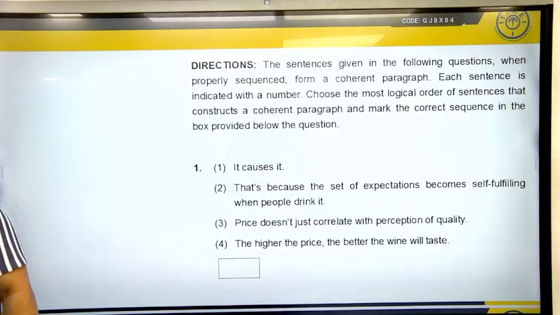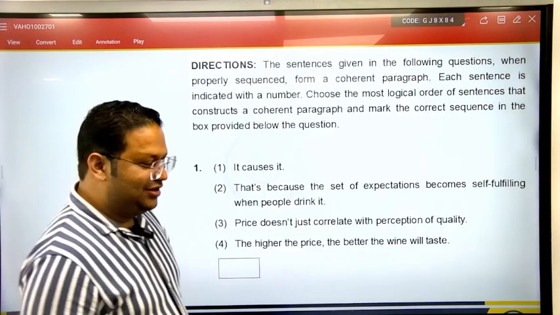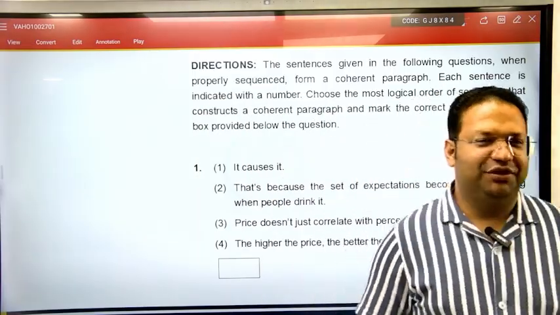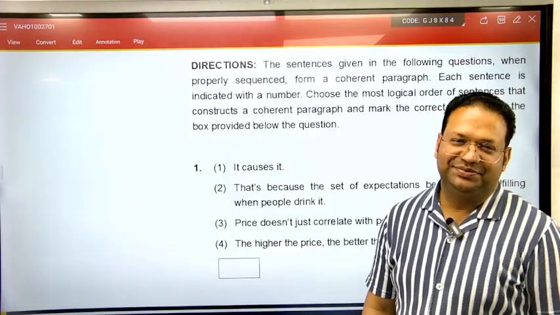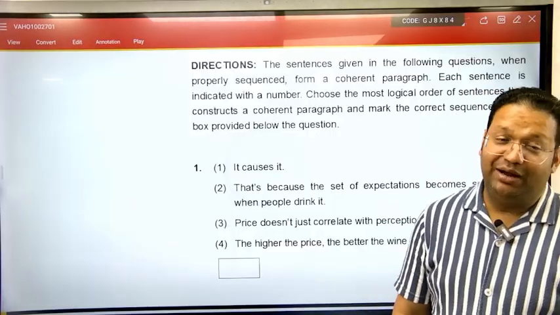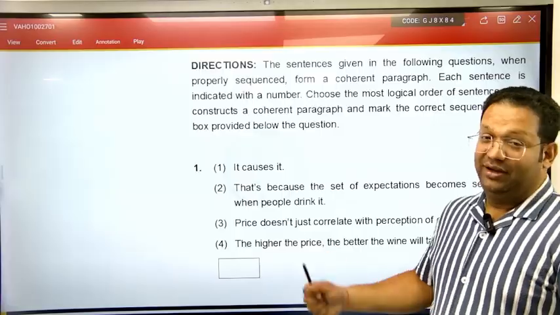A very good question. Very good question to understand the nitty-gritty of parajumbles. We have to make it coherent, but I am very much sure that you are not able to understand. It causes it.